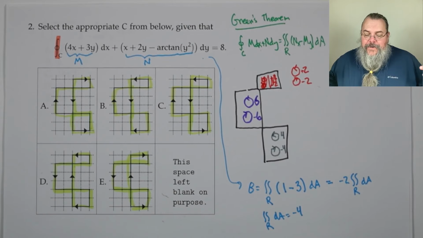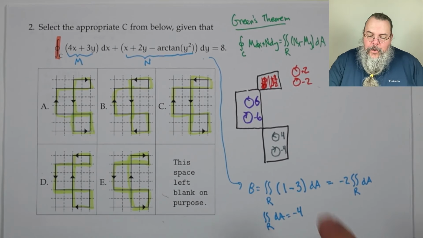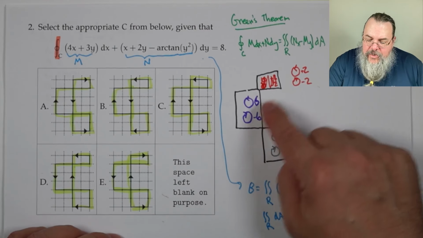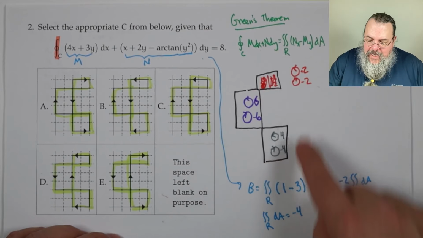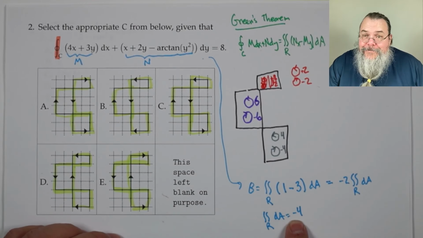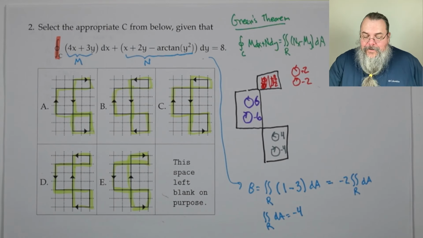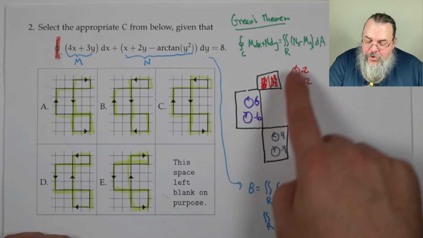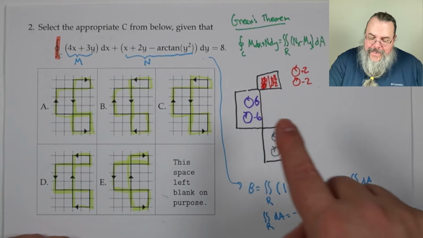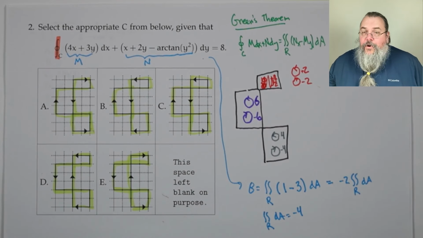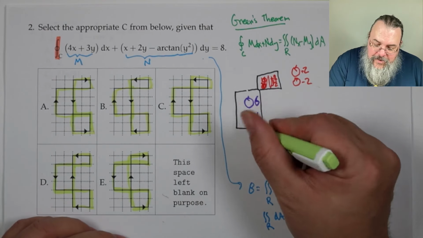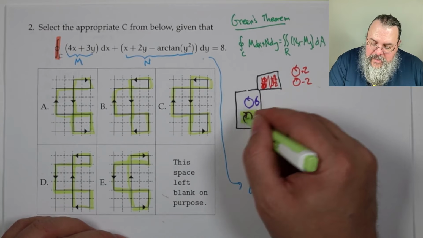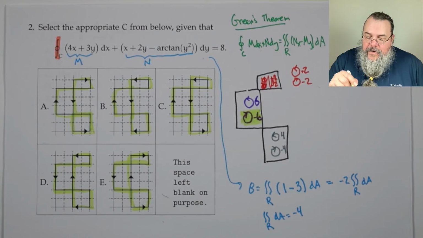We're going to figure out our orientations by saying we need to pick an orientation for each one of these 3 pieces such that when we put them all together, we get -4. Now, this 6 is so big compared to 2 and 4 that if I don't choose the -6, hopeless. Okay, so we know we have the -6. So we have to be traveling in our clockwise direction.